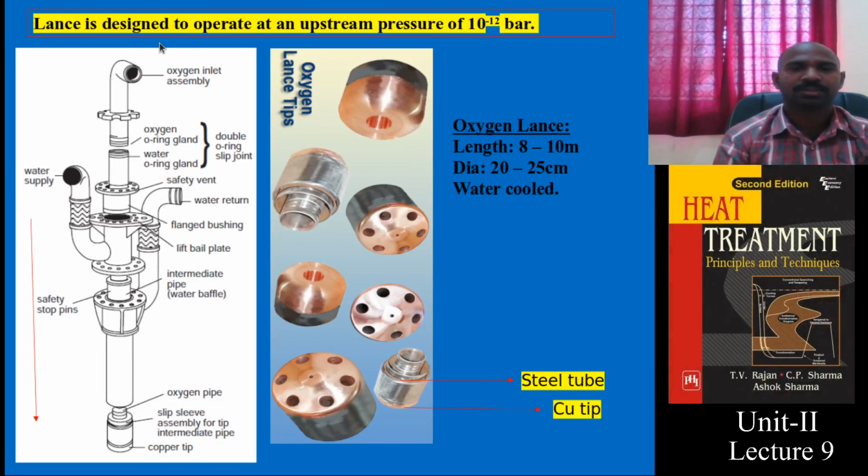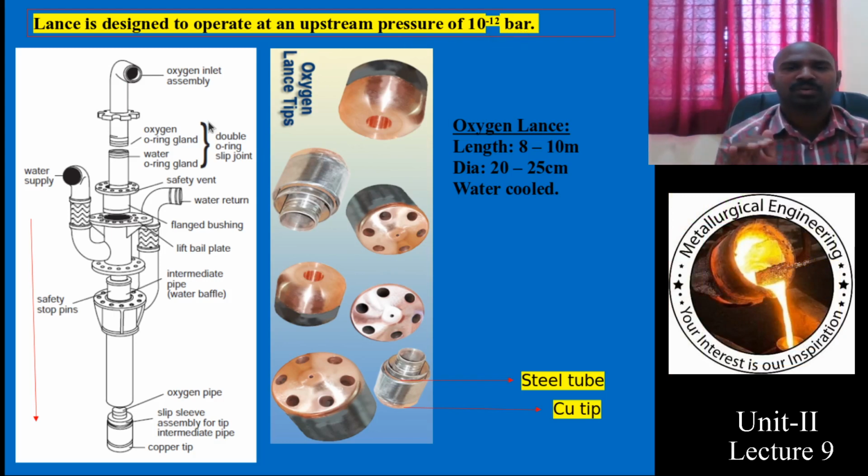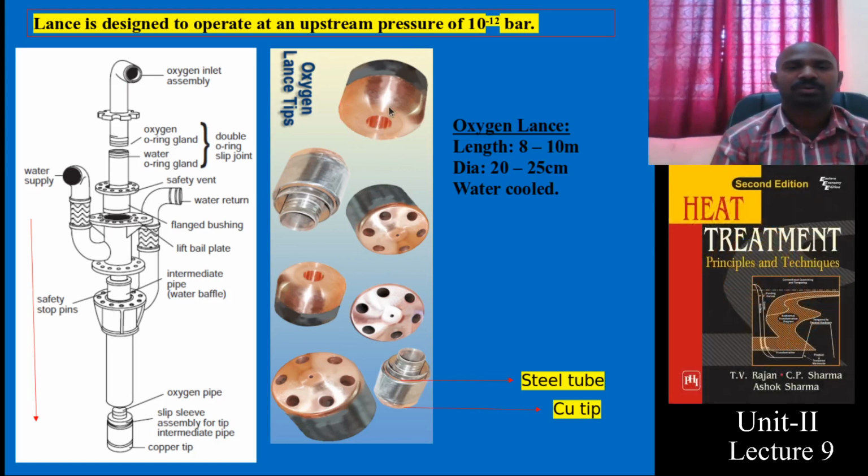This is basically the design of the lance, the oxygen lance, which is maintained at an upstream pressure of around 10 to the power minus 12 bar. These are a few tips. It could be a single nozzle tip, it could be a multi nozzle tip.